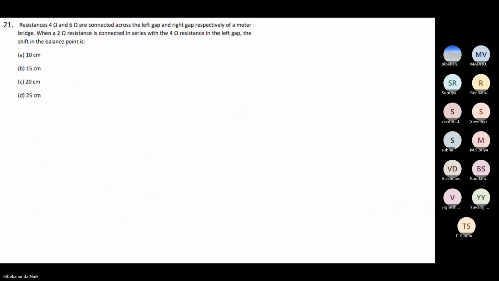Then the next question. The question says the resistances of 4 ohm and 6 ohm are connected across the left gap and the right gap respectively of a meter bridge. When a 2 ohm resistance is connected in series with the 4 ohm resistance of the left gap, what is the shift in the balance point? It is pretty much similar to the previous question.